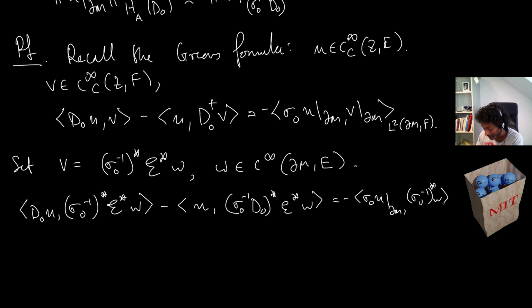Don't need to restrict to the boundary because we start automatically with something that's on the boundary. Okay? All right, so the point here is that it's not hard to check that this is precisely D dagger sigma naught inverse star.